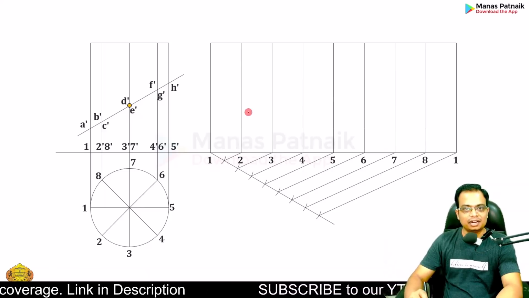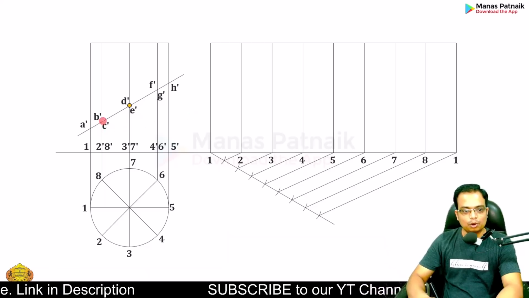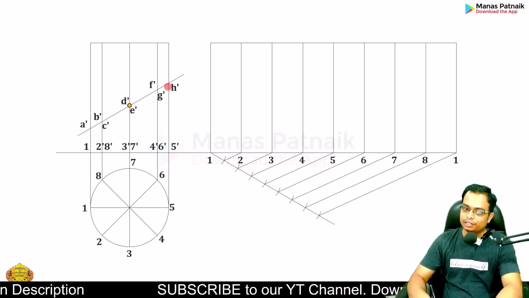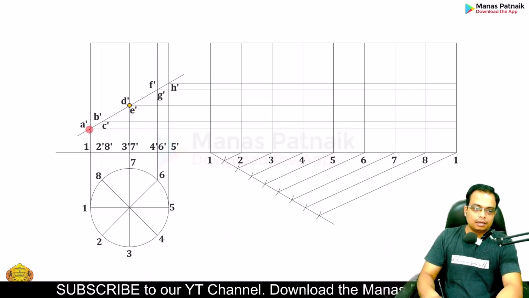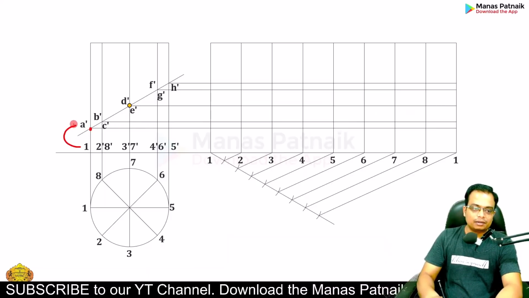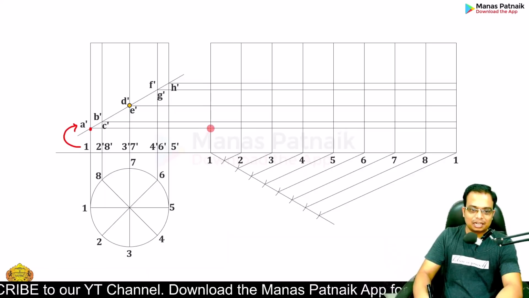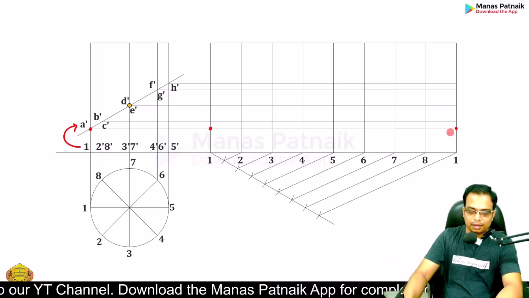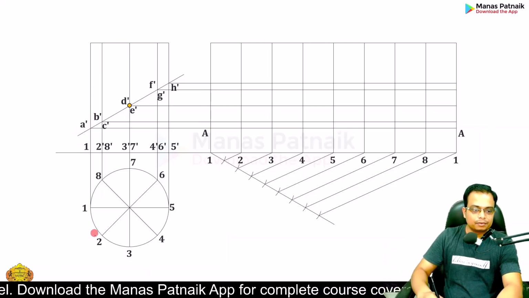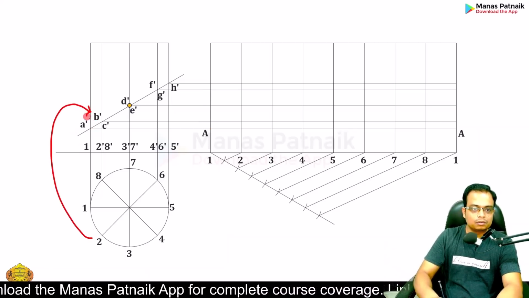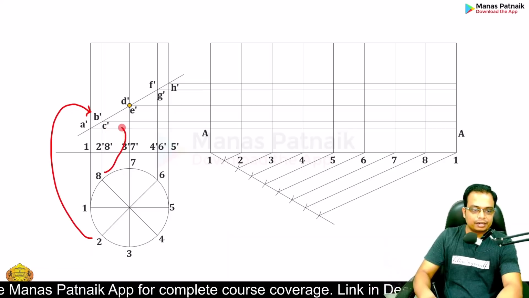Draw lines from all of these cutting points, wherever they cut the generator, horizontal. Now, point A is above 1, so this corresponds to A. Secondly, B is above 2, whereas C is above 8.